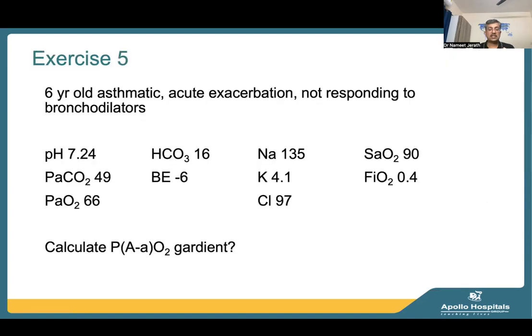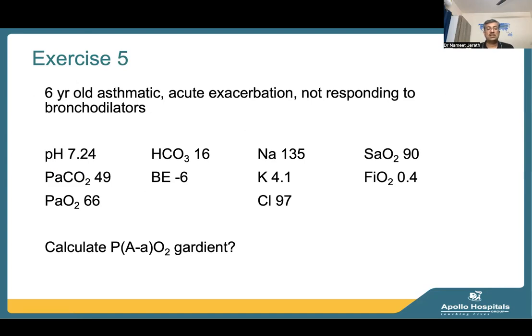One last exercise before I leave you with some practice exercises for you to do on your own. This is a 6-year-old child, asthmatic, acute exacerbation, not responding to bronchodilators. You have the blood gas: pH is 7.24, CO2 is 49, O2 is 66, bicarbonate is 16.